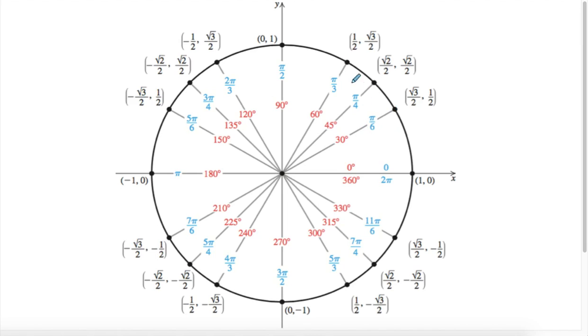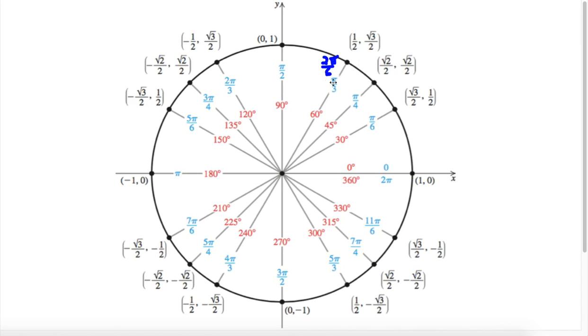For every 30 degrees, for a radian, that is pi over 6. So if I'm starting at 0, 1 pi over 6, 2 pi over 6. I'm actually going to write that down here.